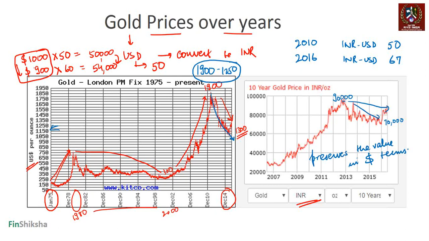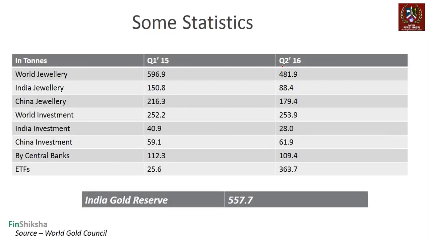Even if your currency falls, you actually make money on that account because gold prices are denominated in dollars, and when converted to rupees, if 50 becomes 67, that's good for gold. Gold prices actually go up in that context. So that's the primary way you make money on gold, which is capital appreciation.